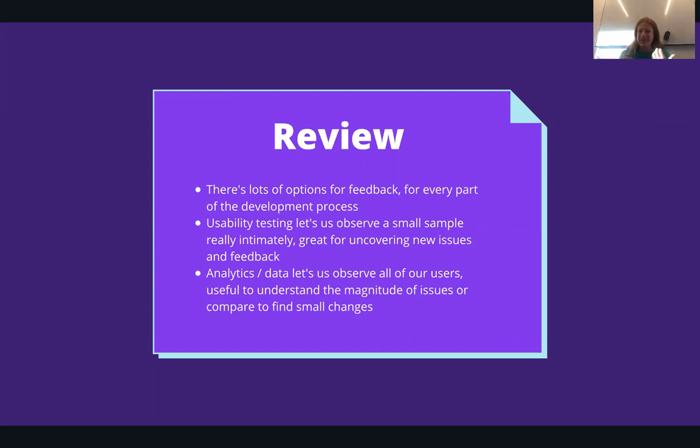Because it's so intimate, it's great for uncovering new issues, things you wouldn't have thought about, the what of the feedback. On the other hand, analytics is something you can do later in the process, because you need to have built the app to collect analytics on it. But it lets you observe all of your users and understand the magnitudes of issues, as well as comparing small differences, for example, to optimize through A/B testing.